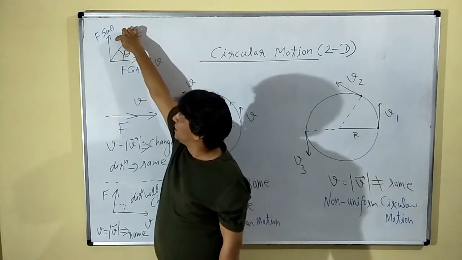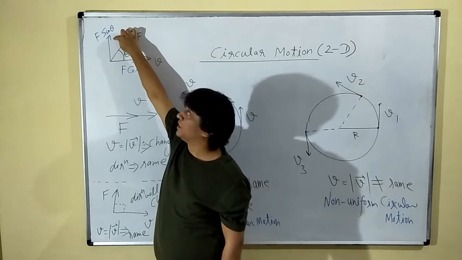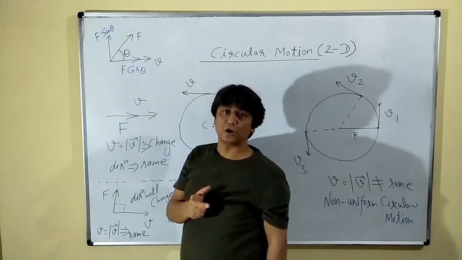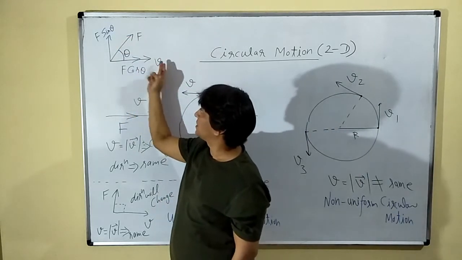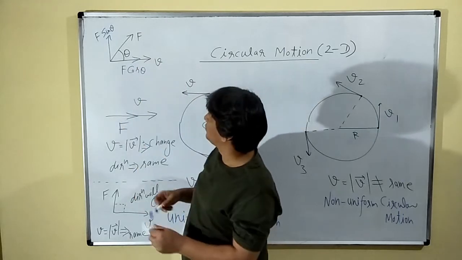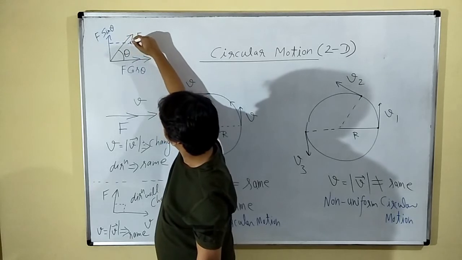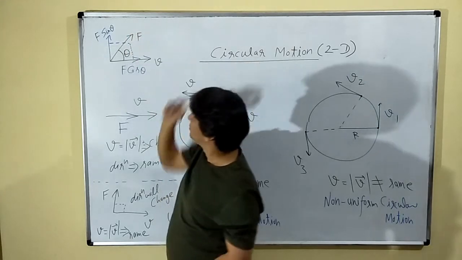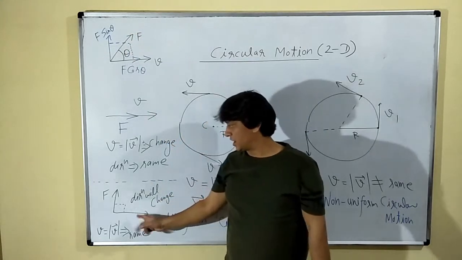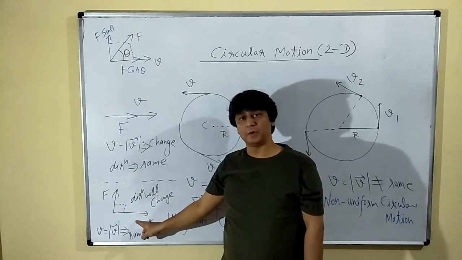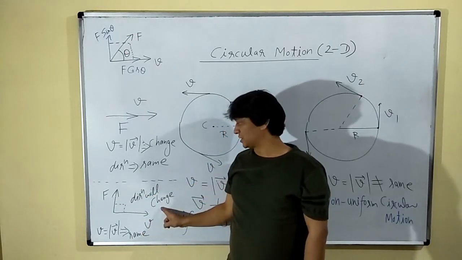This F sin theta is perpendicular to the velocity vector. अगर ये F sin theta 90 पर है, then you can see that अगर force velocity से 90 पर है, तो वो केवल क्या change करता है?